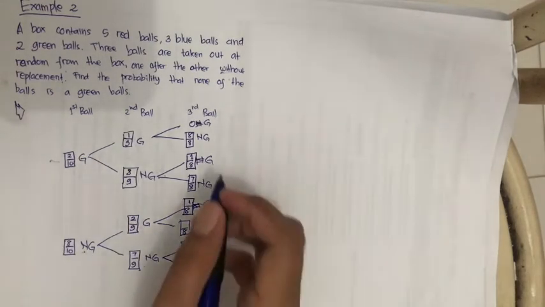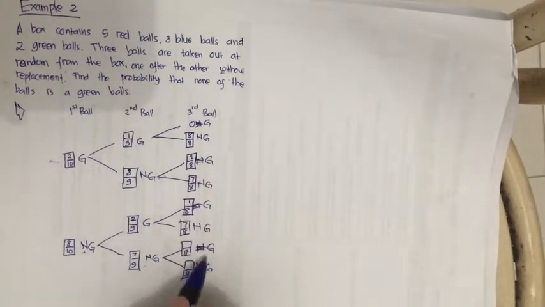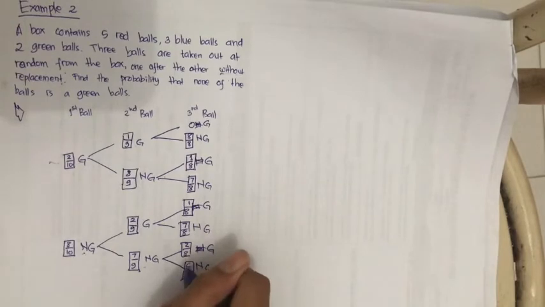For non-green, green, we have one more green ball. Non-green and green, we have 7 more non-green. And here non-green, non-green, it means 2, and here non-green, non-green, we have 6.